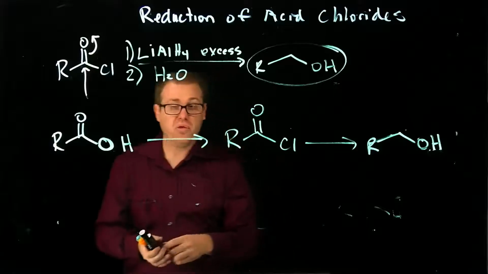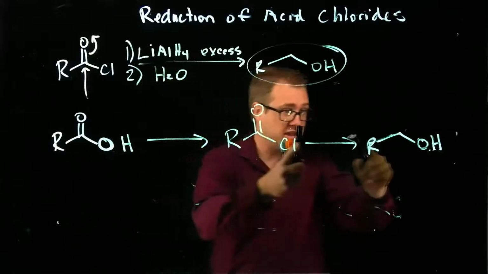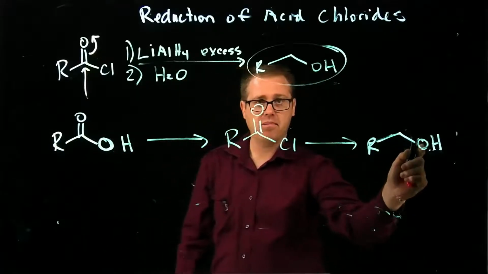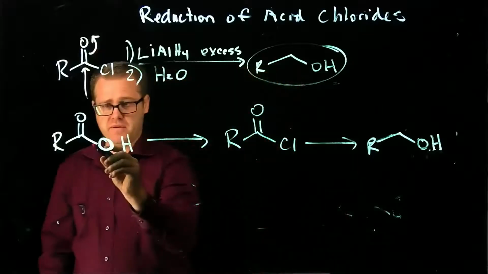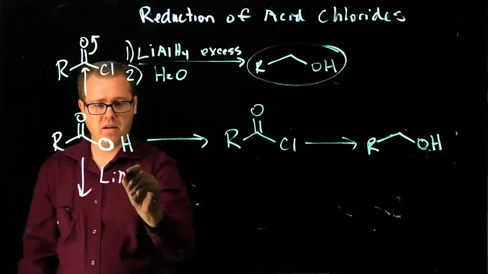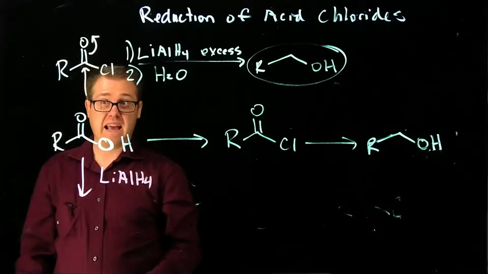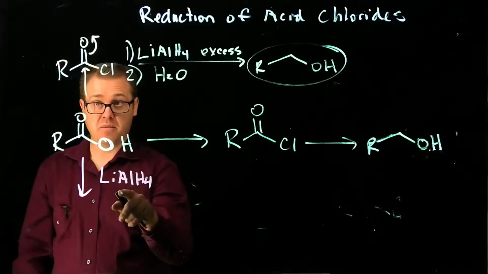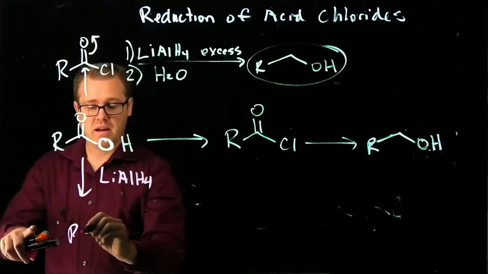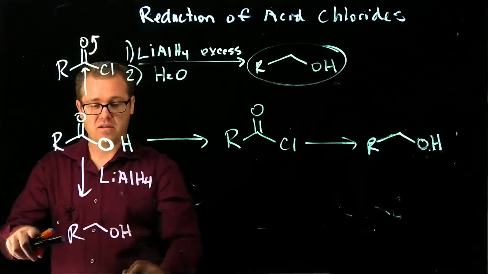Why would you do that? Why would you go through this path to get an alcohol when you could have just taken the carboxylic acid, reduced it with lithium aluminum hydride directly, and gotten your alcohol in one step?